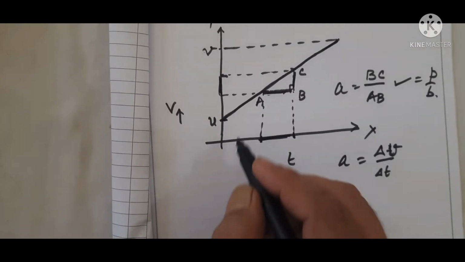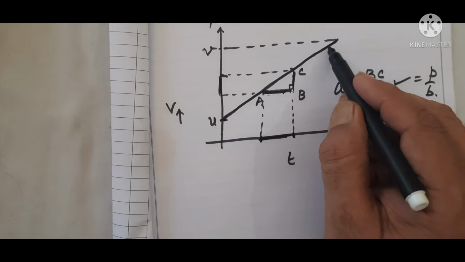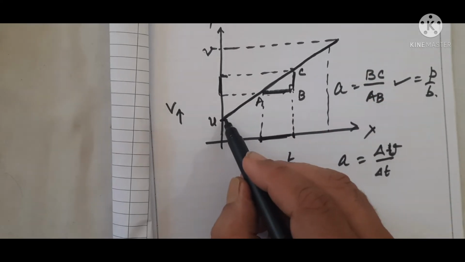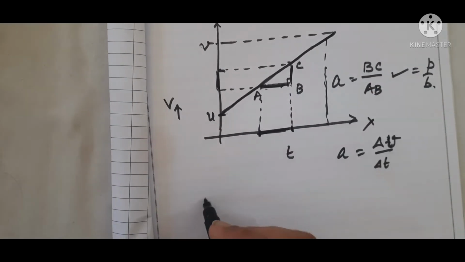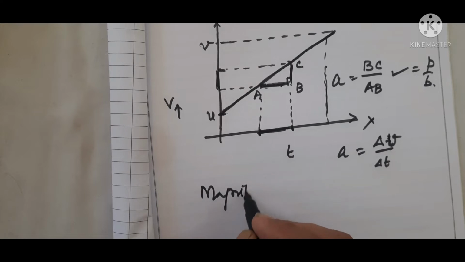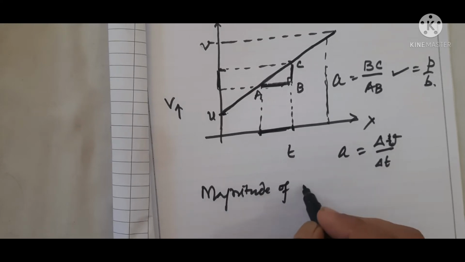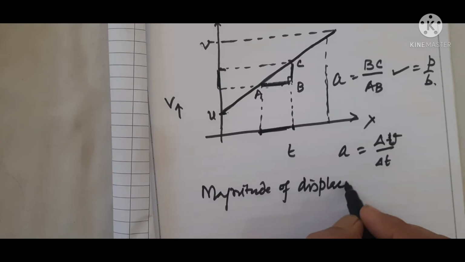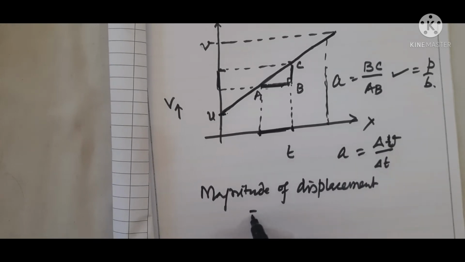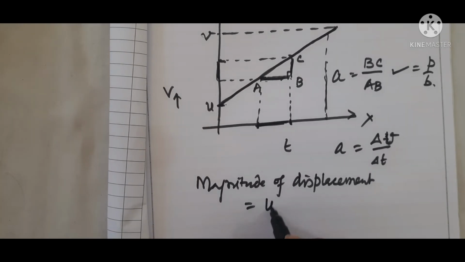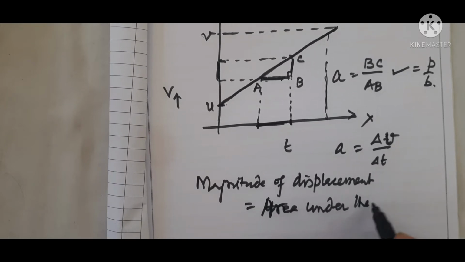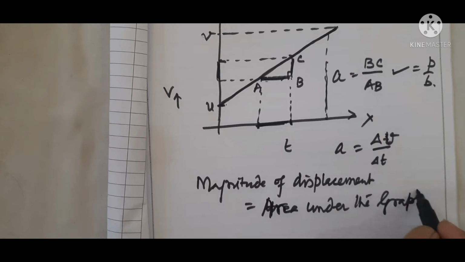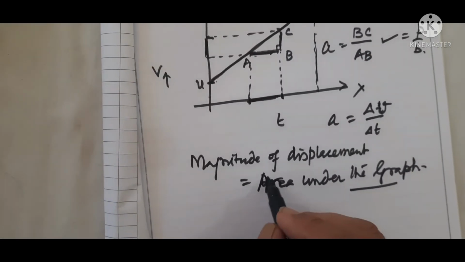Another important point from this graph only, say for example you have to find out the displacement under this velocity time graph. Displacement, magnitude of displacement को निकालना है. तो that should be equal to area under the graph. इसका एरिया निकाल लेंगे फ्रॉम VT ग्राफ.